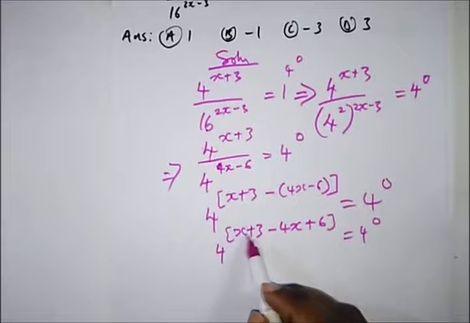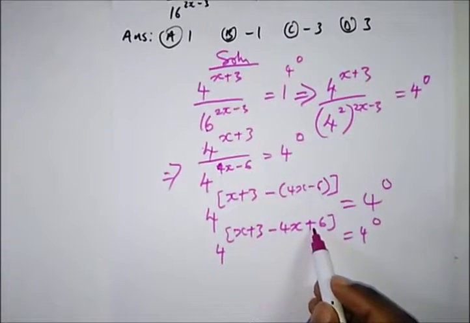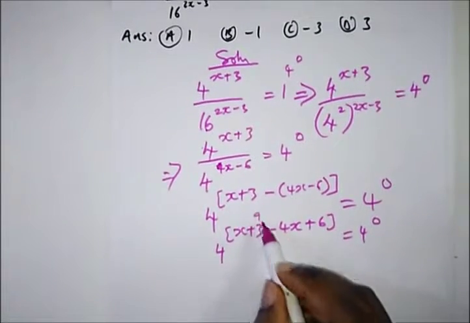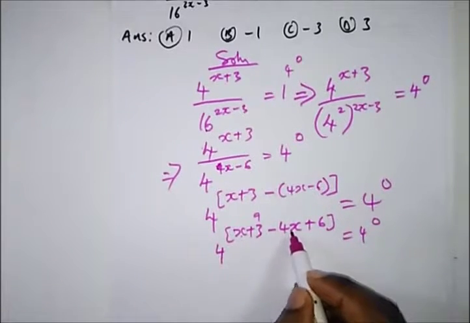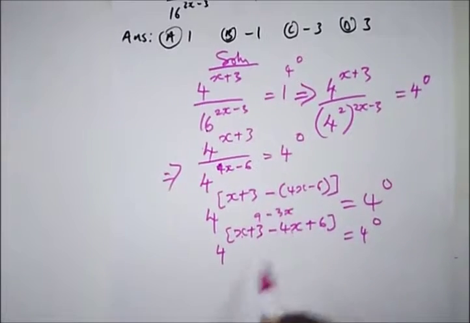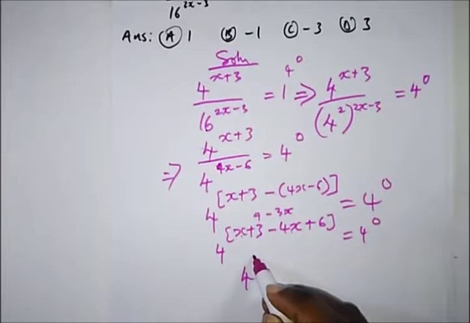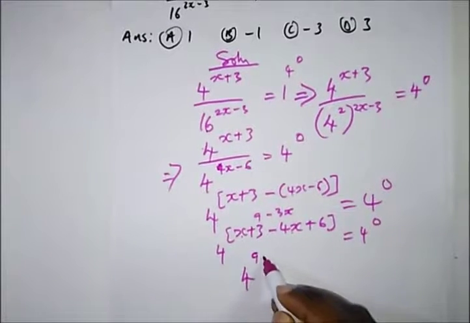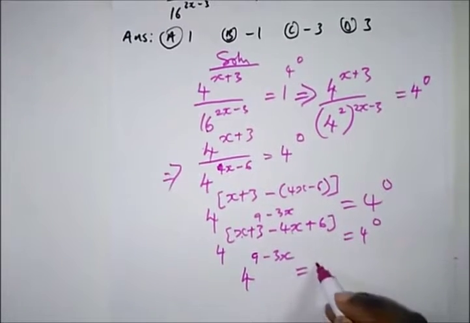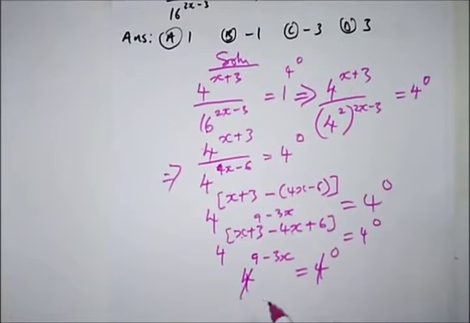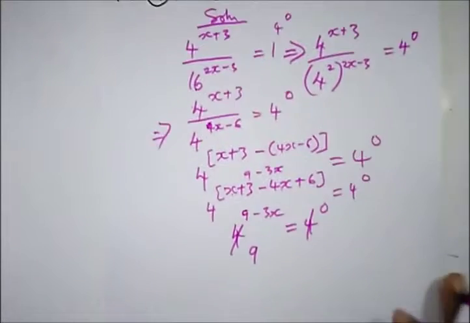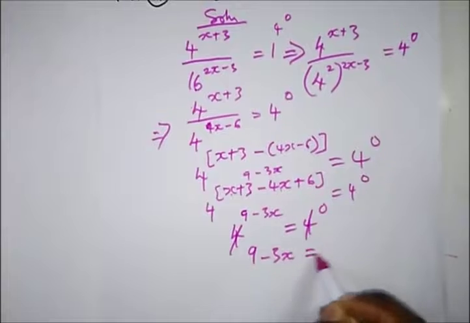So here, 3 plus 6 will give us 9, and x minus 4x will give us minus 3x. So we are left with 4 raised to the power 9 minus 3x equal to 4 raised to the power 0. This will cancel this. So we're left with 9 minus 3x equal to 0.